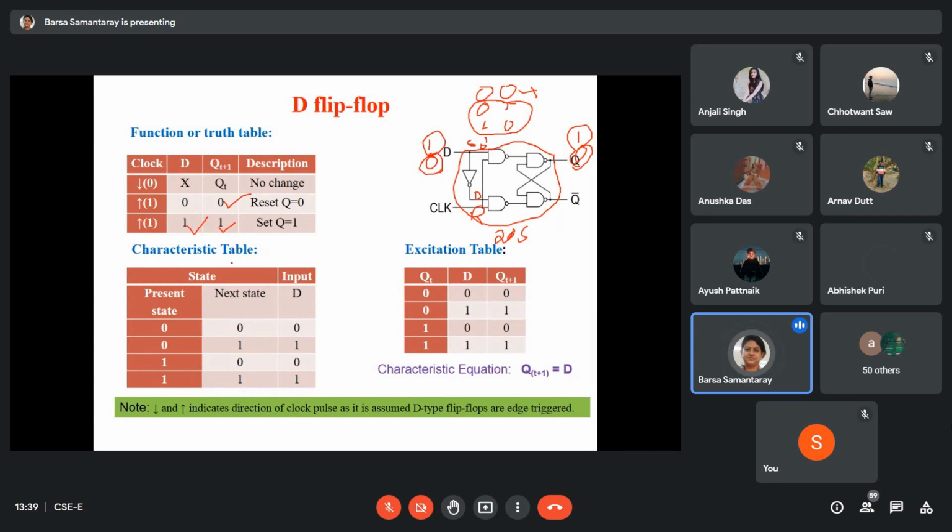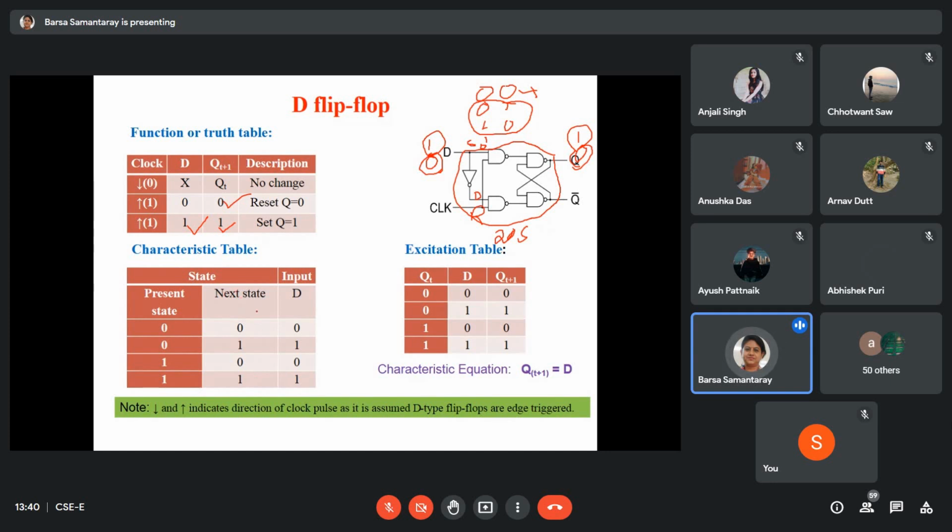And characteristic table कैसा होगा? प्रेजेंट स्टेट अगर 0 है तो नेक्स्ट स्टेट 0 है, मतलब डाटा भी देना पड़ेगा 0. प्रेजेंट 0 है, 1 आएगा मतलब डाटा देना पड़ेगा 1. यहाँ पे 1 है, अगर 0 हो रहा है, कैसे हो रहा है? Because giving the data 0, then next state will be 0. If the value is 1, next state will be 1.